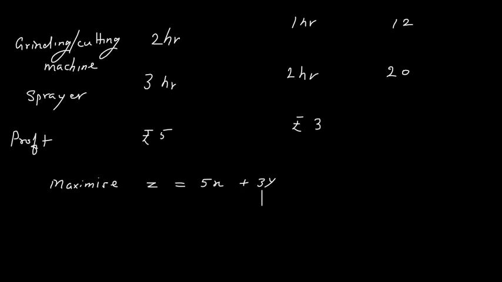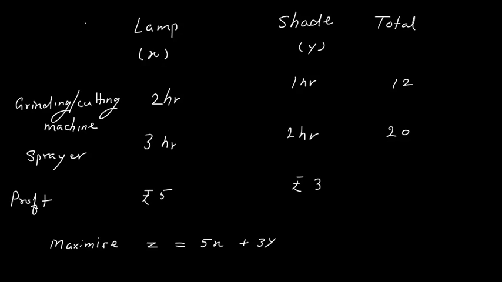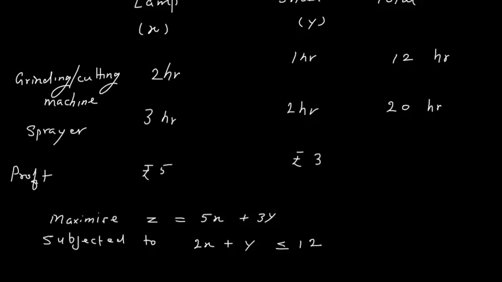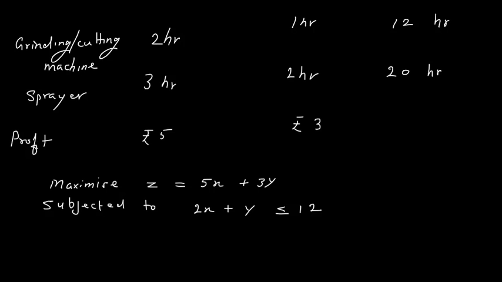We have to maximize, subject to the conditions 2x plus y less than or equal to 12, because the grinding cutting machine is available for a maximum of 12 hours, and for 20 hours, 3x plus 2y should be less than or equal to 20.